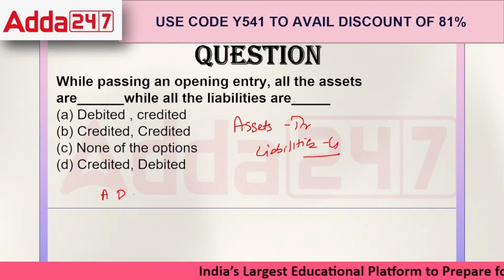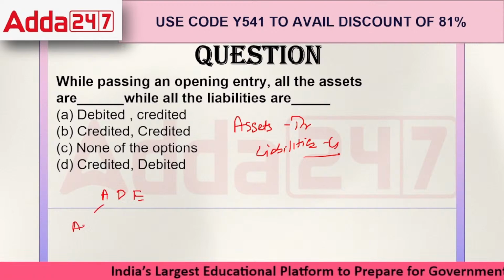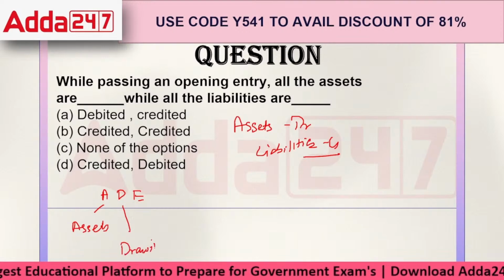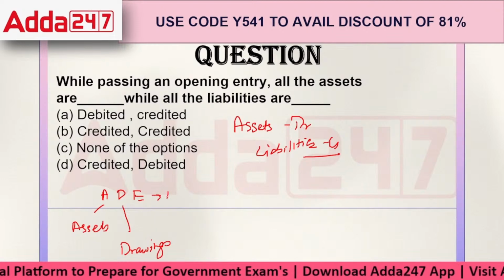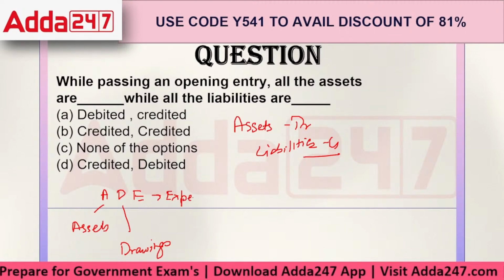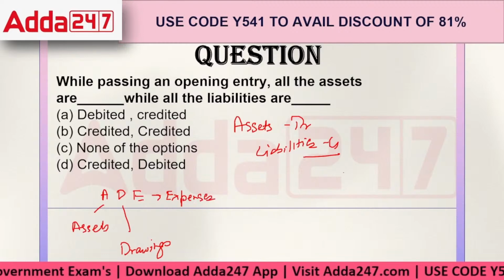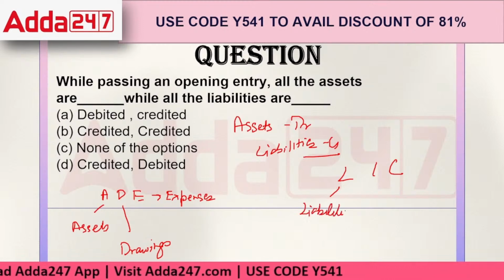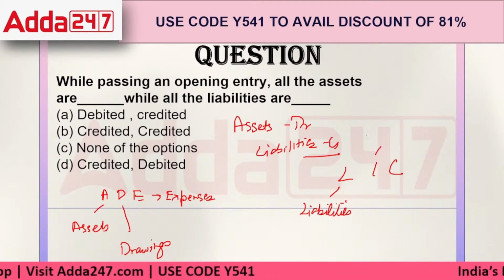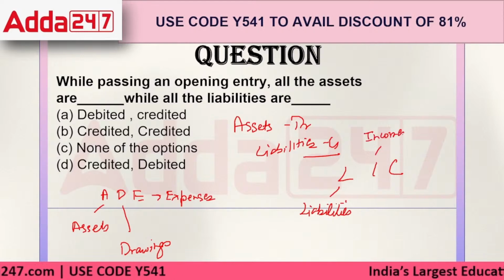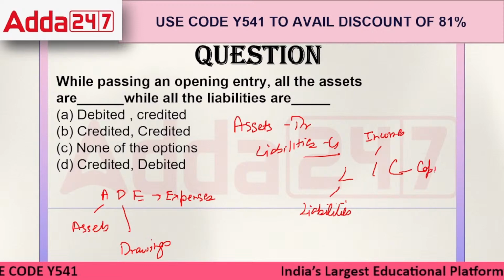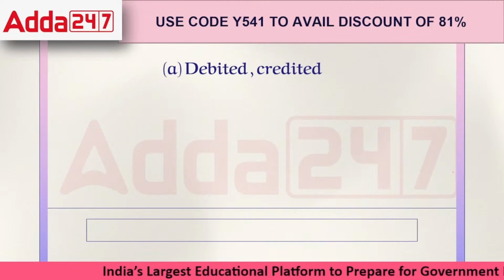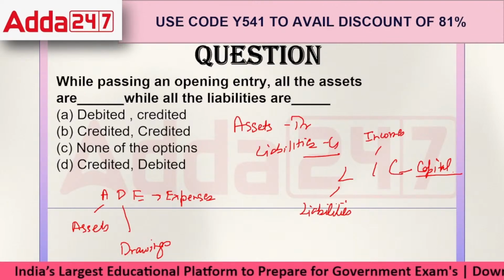That ADE, that is assets, drawings, and expenses are debited, and LIC, liabilities, incomes, and capital, these are on the credit side. So the correct answer is assets are debited and the liabilities are credited.